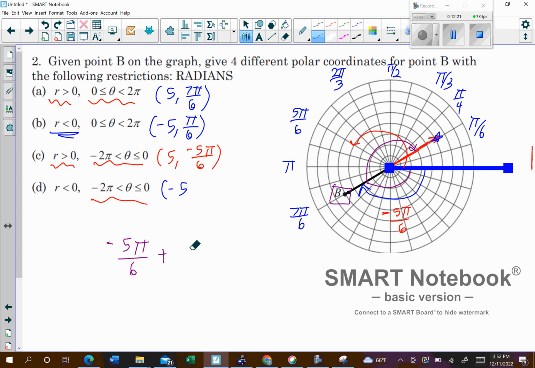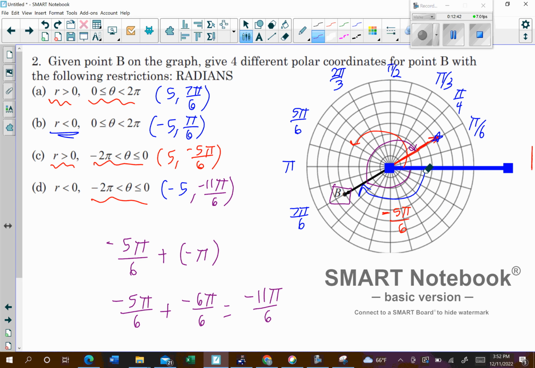So I'm going to add a negative pi to that. And then I just have to get my LCD. So we're going to have negative 5 pi over 6 plus negative 6 pi over 6. When we add that, we're going to get negative 11 pi over 6. And that will be my angle right there.